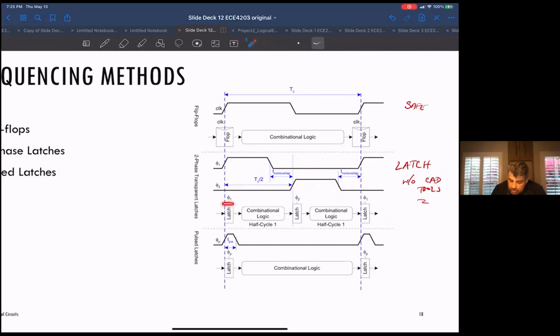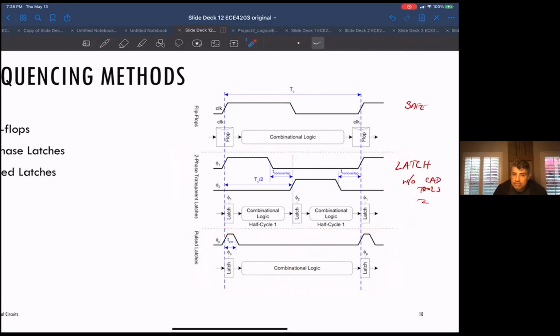You give the first phase to every other latch, and the second phase to the others. You can make sure you don't have any overlap and don't get craziness with stuff running straight through. Honestly, I've only seen this in universities. People don't really use this method, so I'm not going to talk about it much, but that's another sequencing method. And then they also talk about pulse latches, and I'm not even going to talk about this.